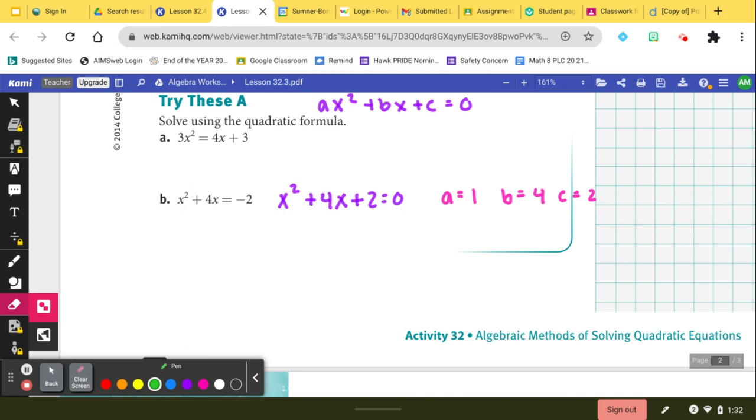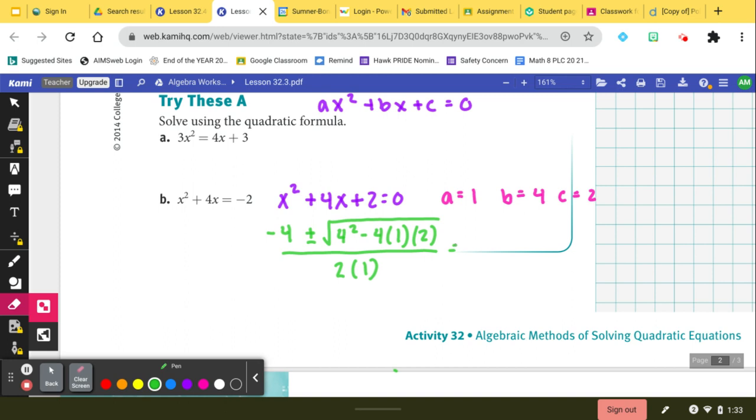Now plugging that into the quadratic formula, we get negative b, so negative 4, plus or minus the square root of b squared minus 4 times a times c, all over 2 times a.